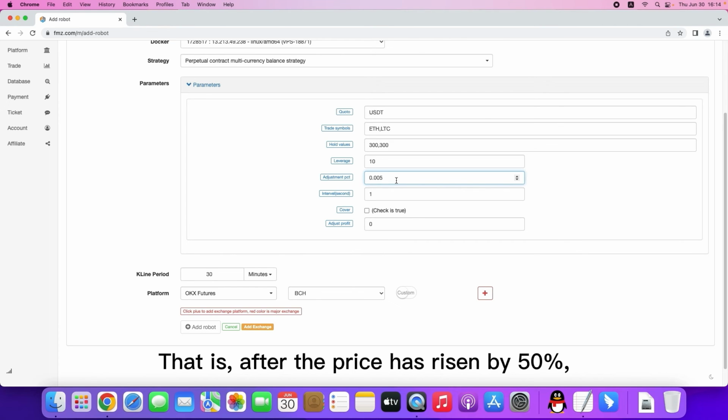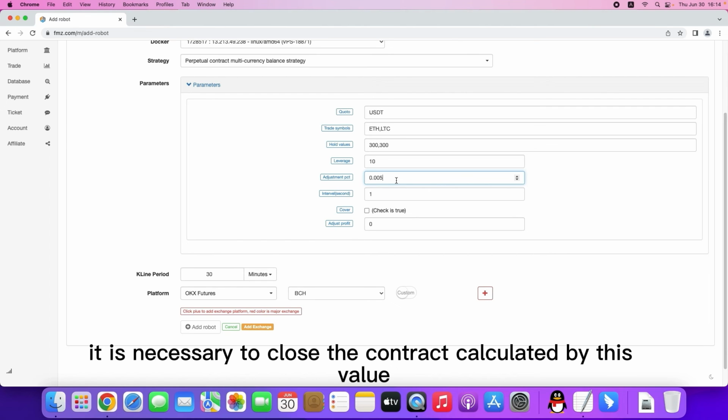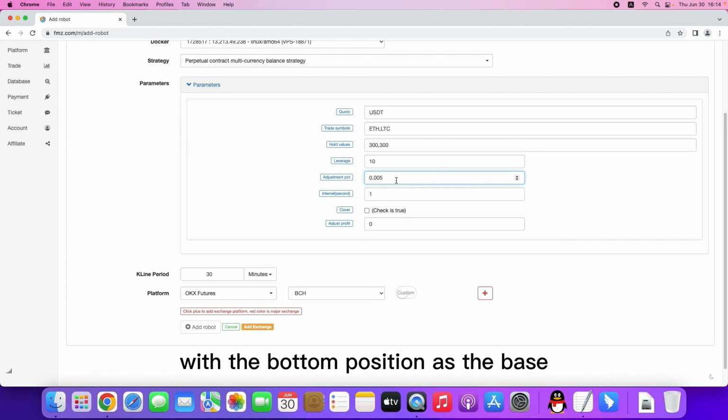That is, if the price has risen by 50%, it is necessary to close a value calculated with the base position multiplied by 50%.